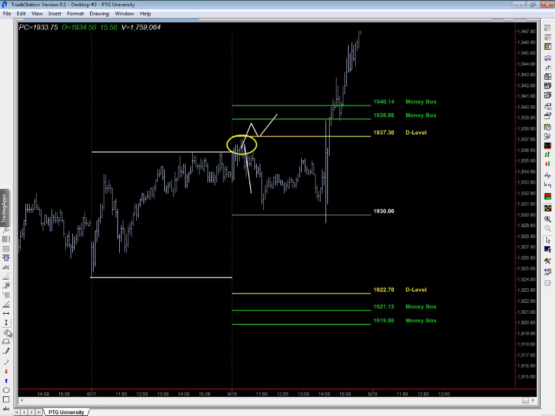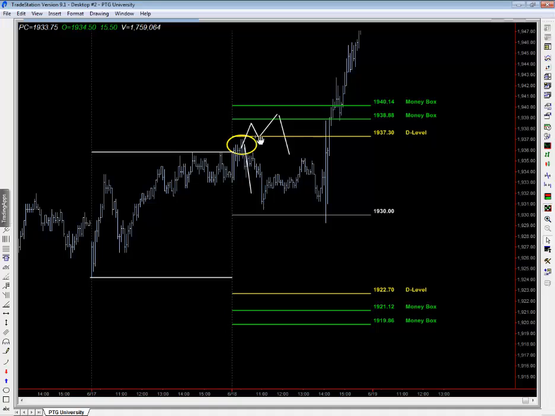Many times what happens, and again, nothing's guaranteed, once prices reach a money box zone after a period of time, you could get a reversal off of that money box zone. Now, it's not going to happen every time that way, but that's always something we want to be aware of, and we want to look for the informational market data clues that will tune us into something like that.